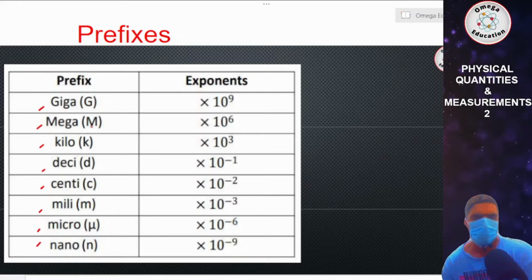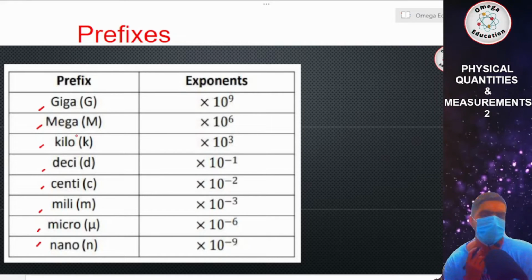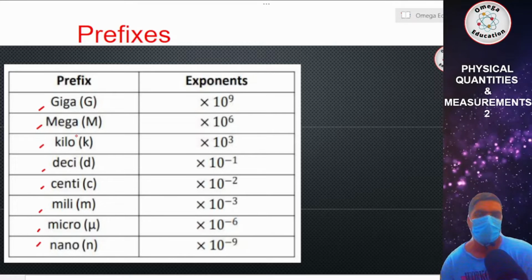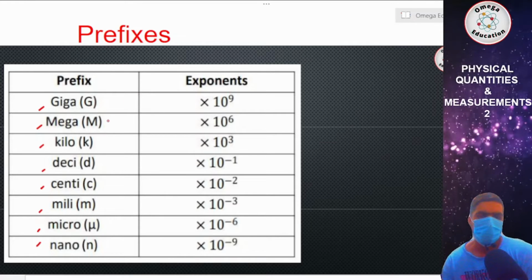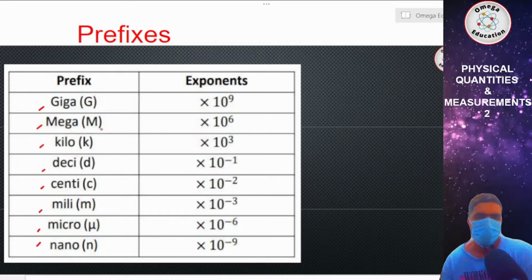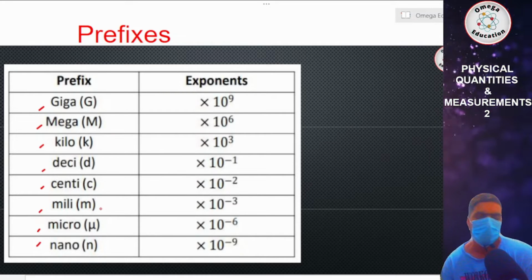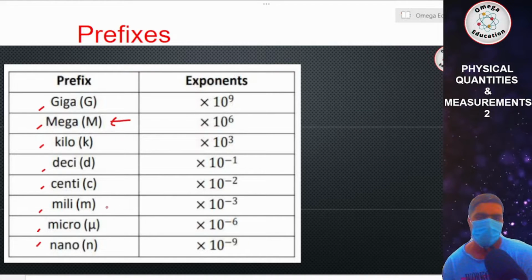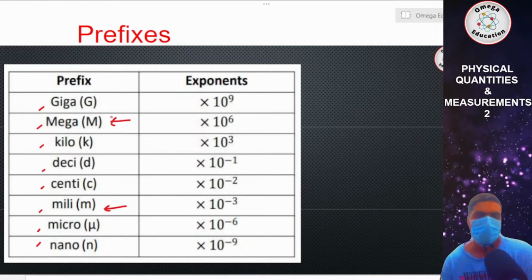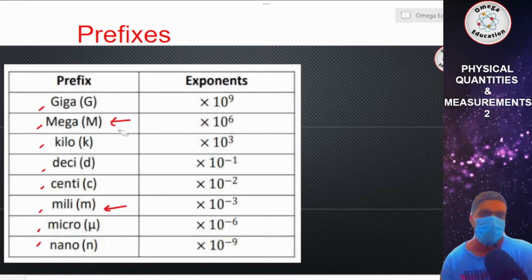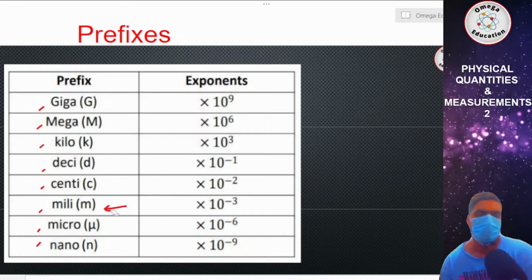When I say case sensitive, it means you need to be careful with the case of the letter. For example, the letter M represents mega as well as milli. But mega is represented by capital M and milli is represented by small m.